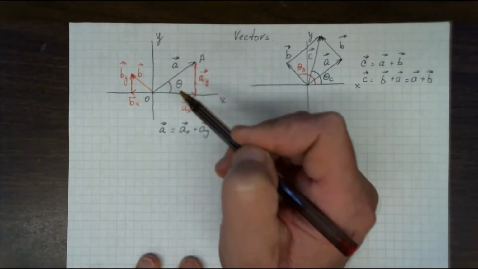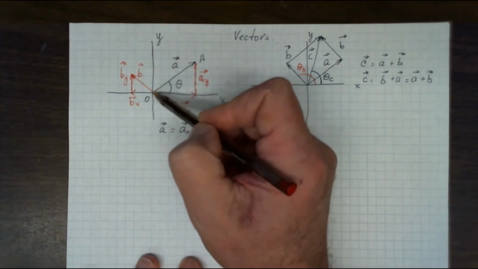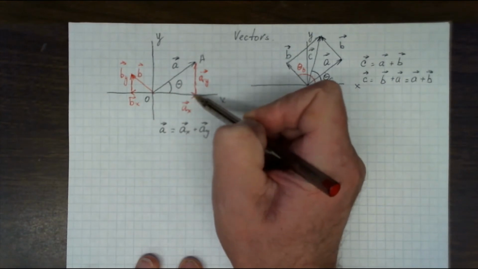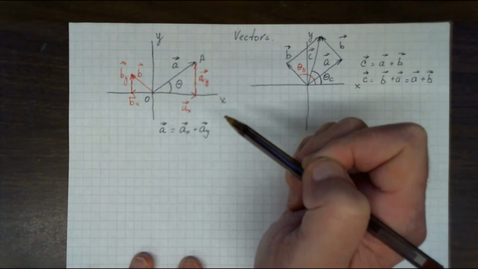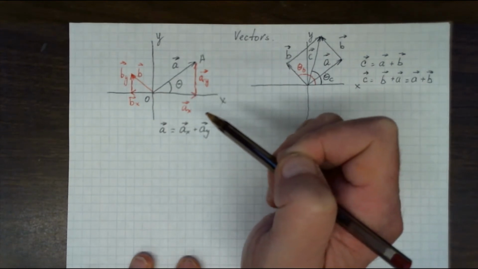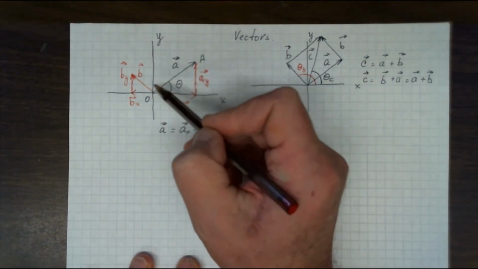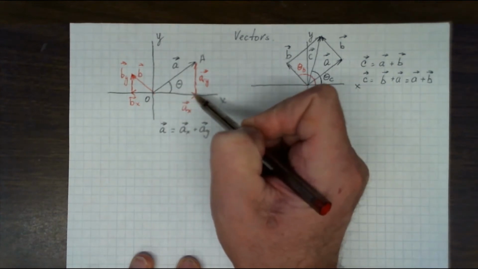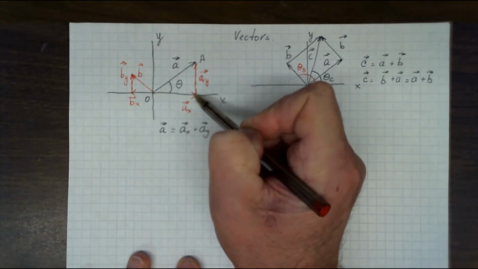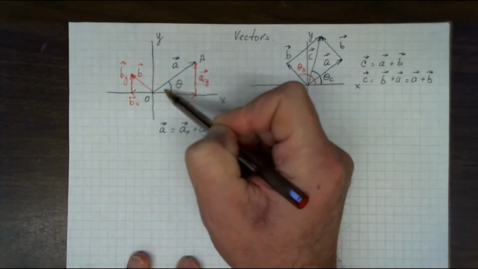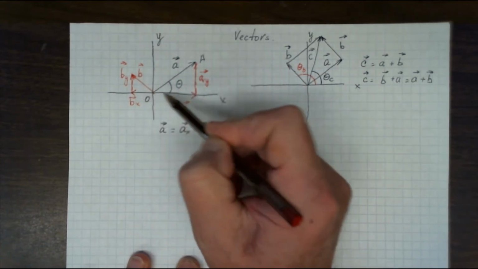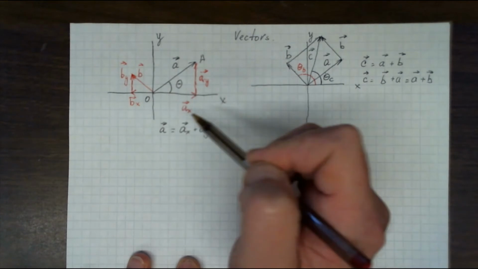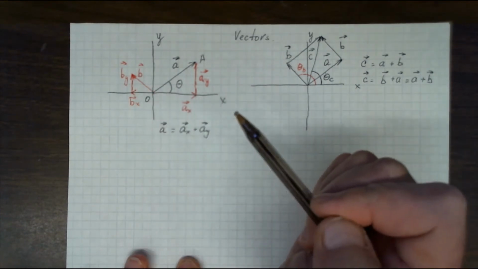So as you can see, when we're talking about the A of x vector component and the A of y vector component, I can simply replace the A of x vector with its magnitude and indicate plus or minus depending on the orientation of A of x or B of x.